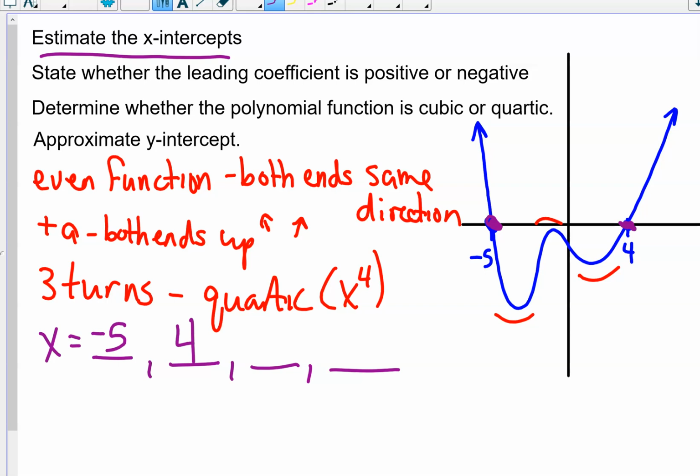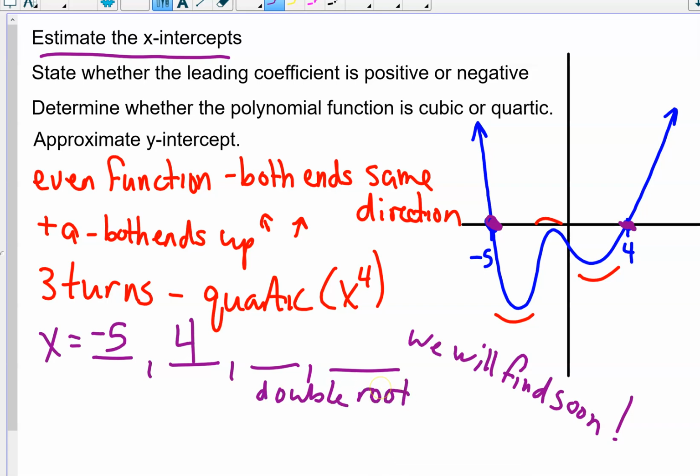And the other 2 we will find soon, not right now. These ones could either be a double root, where we're going to use synthetic division, or a non-real, imaginary, or complex root. So either one.